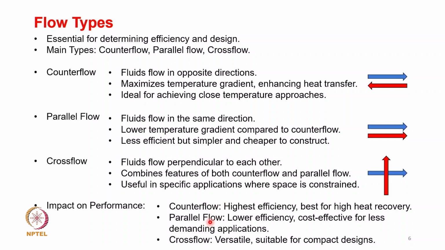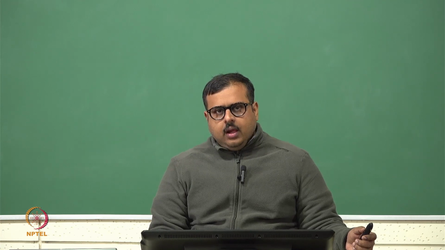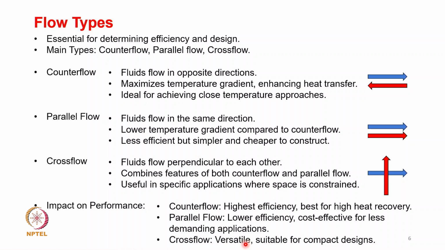Parallel flow has the lowest efficiency and is cost effective. If your heat transfer requirement is not very demanding, parallel flow is a simple option. And cross flow, as I said, combines the counter flow and parallel flow advantages, and is of course suitable for more compact designs.